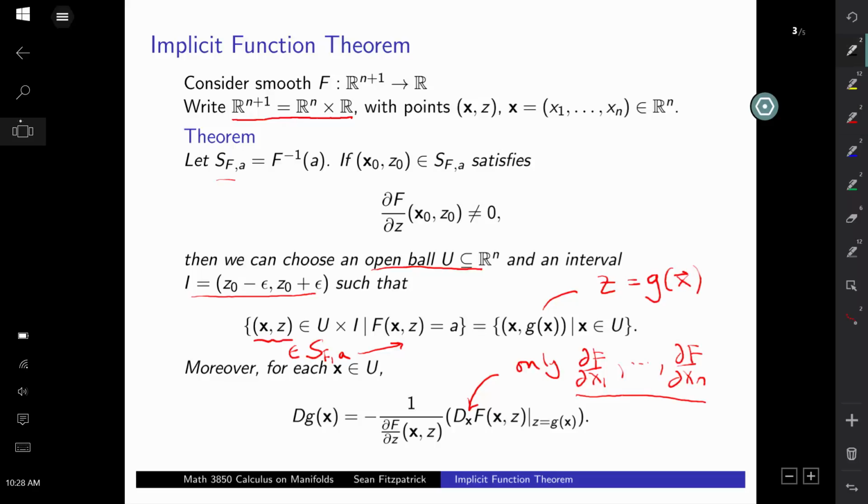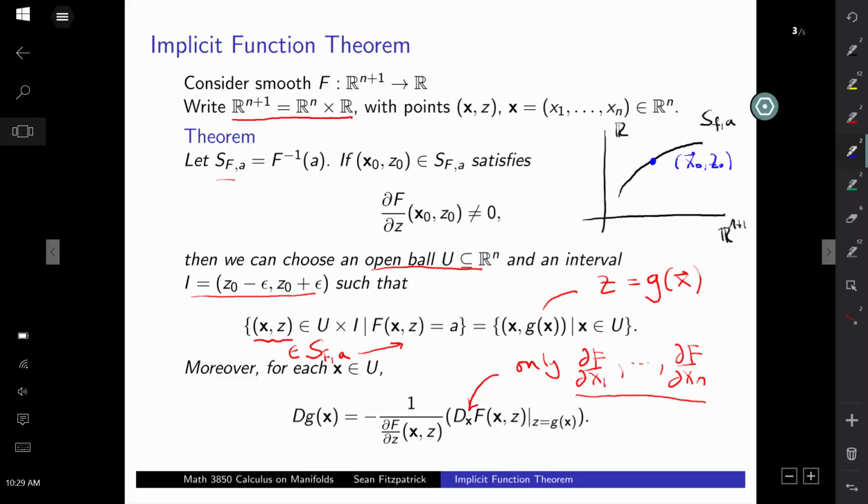And you can sketch this out. The picture you should have in mind here is that you have R^(n+1) here, R here, and here's a piece of your surface. You find a point, so here's your point x naught, z naught, right?